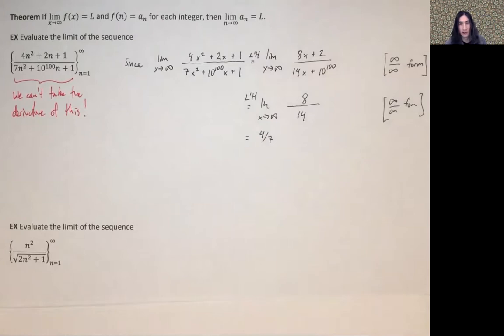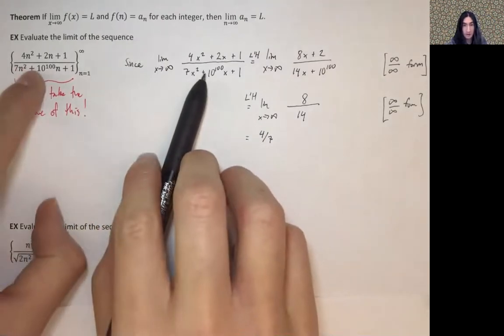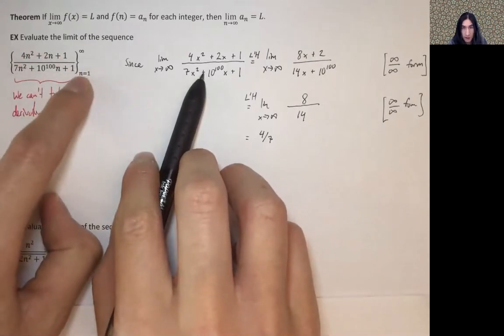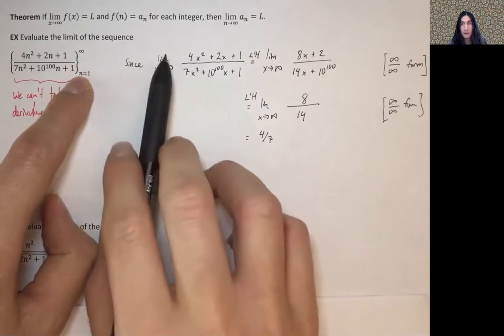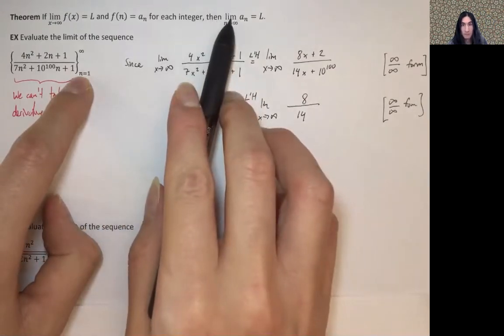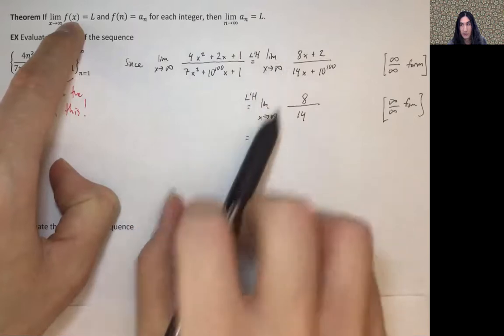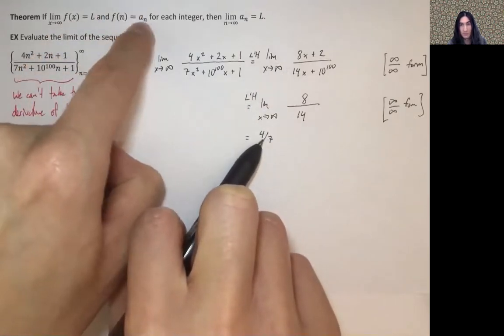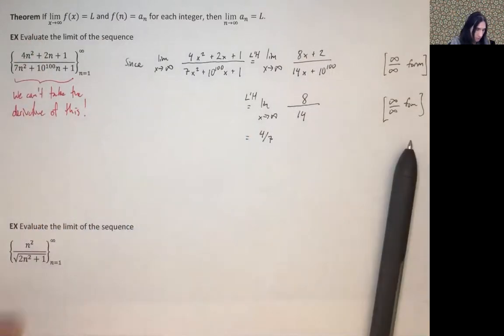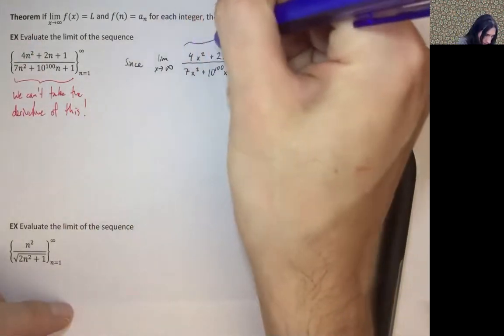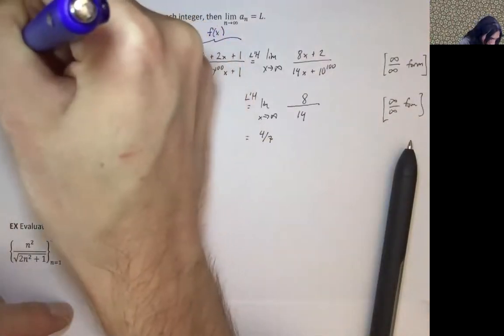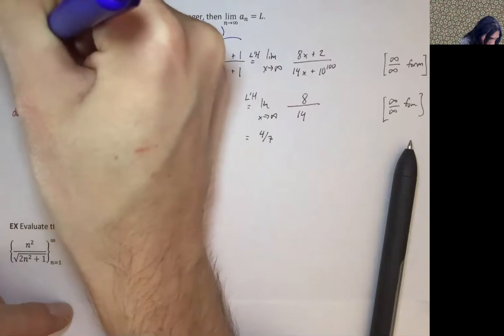Now, since that happens, and because this function is the same as this function on the integer values of inputs, we can say, according to this theorem, that what I did right here is I found the limit as x goes to infinity of f of x is this, and this happens to be equal to this. So maybe I'll put in some explanatory text here. This is my f of x. This is my a sub n.